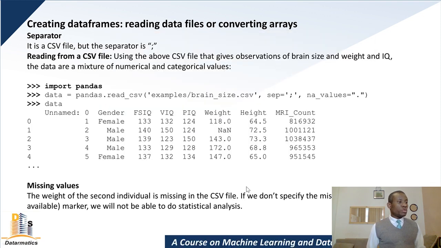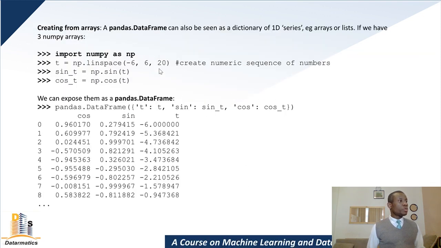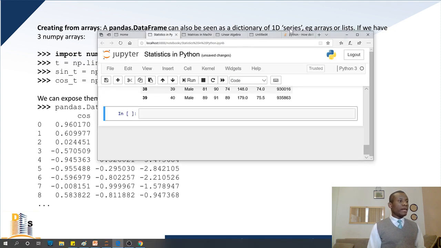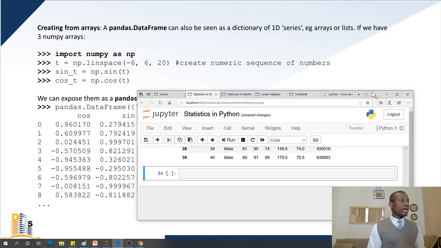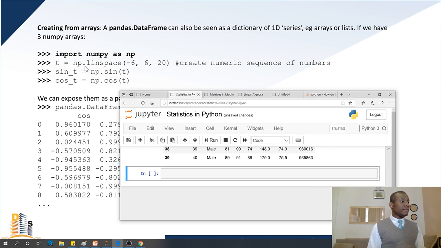The next thing I'll show you is how to create a range of values. For instance, you want to generate values between 0 and 100 in steps of 2 or in steps of 3. Let's try to see what we can do in this case. In this example in the presentation, we have t equal to values between -6 and +6, and we need 20 data points between these two values.